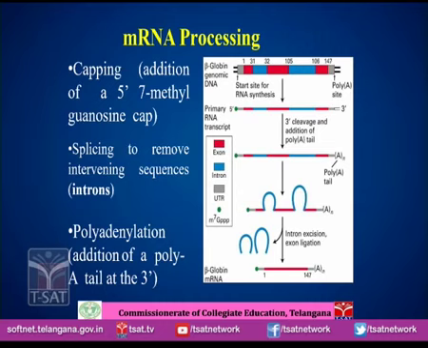Then the second modification here is at the 3 prime end, which we call poly A tail addition. This is nothing but the addition of adenine nucleotides to the 3 prime end of the mRNA. The third modification is splicing, where the non-coding sequences are removed.